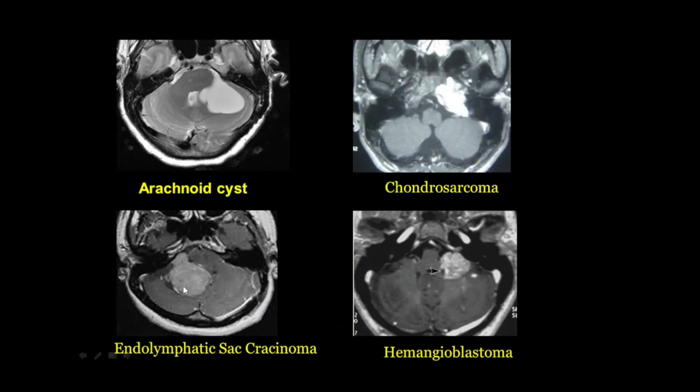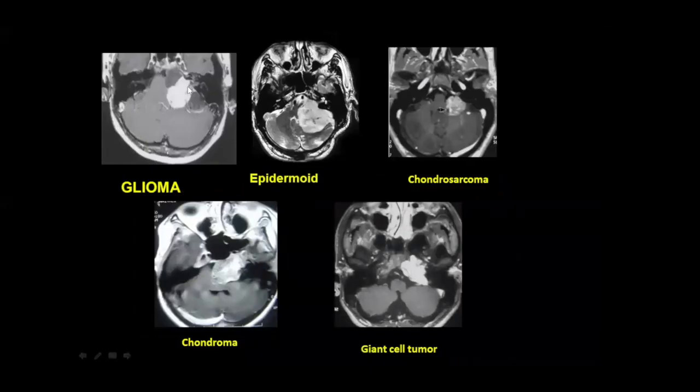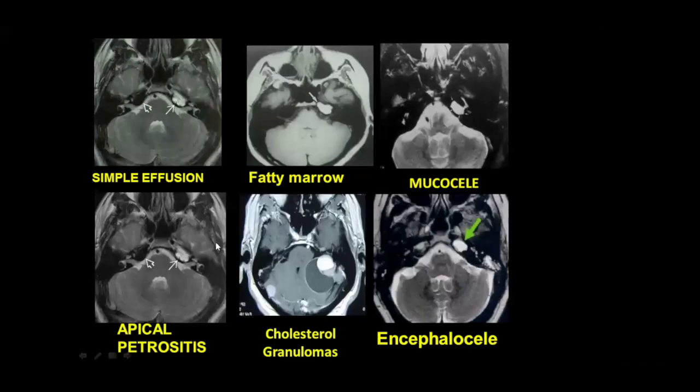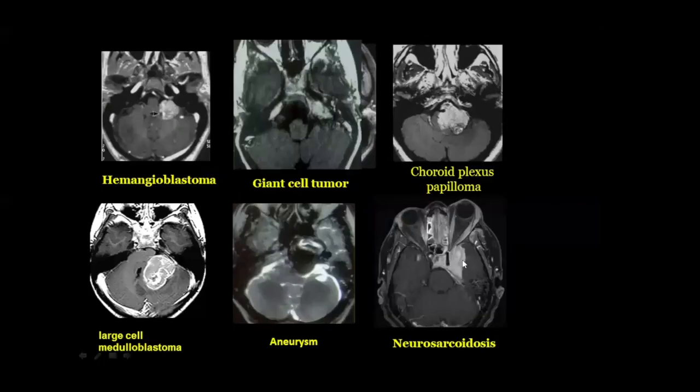Chondrosarcoma, endolymphatic sac tumor, hemangioblastoma, glioma going into the angle like this, epidermoid, and chordoma and chondroma, giant cell tumor, lymphoma, ependymoma going to the angle, metastasis, hygromas, jugulare, and then comes the cholesterol granuloma and the variants of the lesions that affect the petrous apex, simple effusion or fatty marrow or mucocele, apical petrositis, encephalocele, and so on.